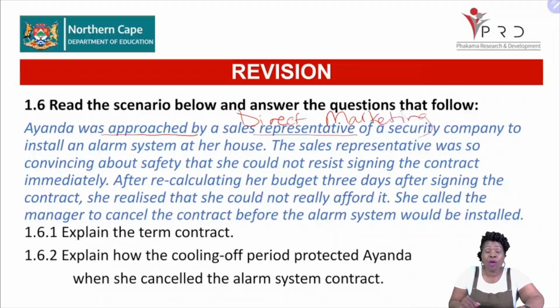Right, I want you to answer the two questions. Remember, we said the cooling off period is when a customer is given 5 working days to cancel a contract that is initiated through direct marketing without any financial implications.